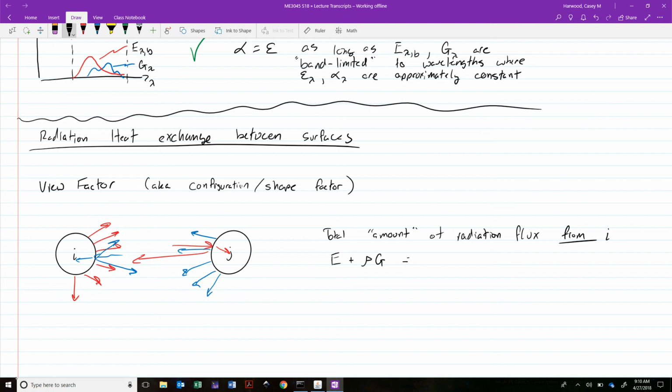If you remember, we call this the radiosity, the sum of all outgoing radiation from an object. And so if we want to know the total rate of outgoing radiation, so this is the flux, we would say that J sub I times A sub I, the surface area, would give us Q of I out into the world.